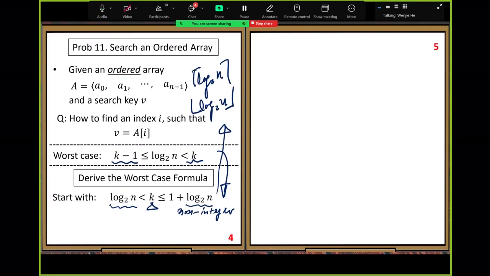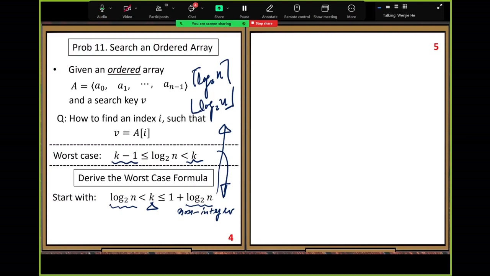One is the floor function, another is the ceiling function. Here, we can use the same way. But the hard part is, how do you know which one to use, floor or ceiling? That's the hard part.